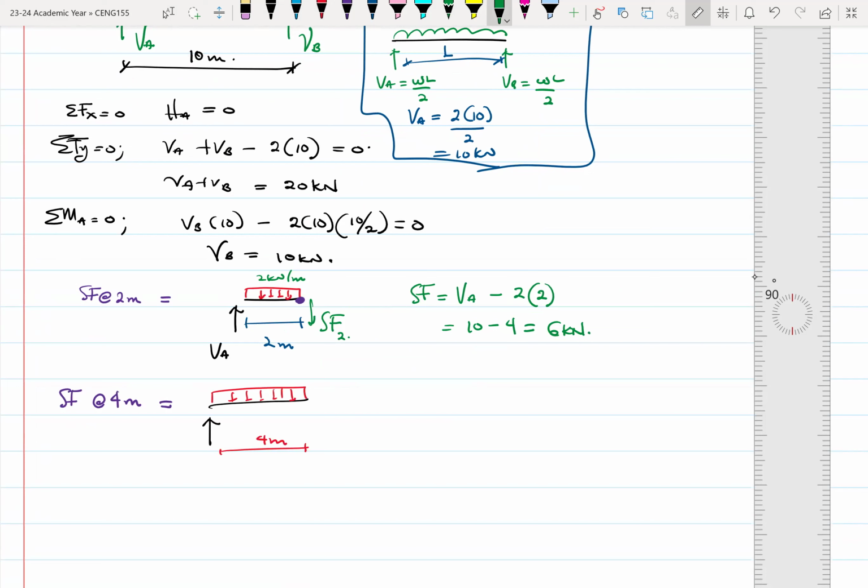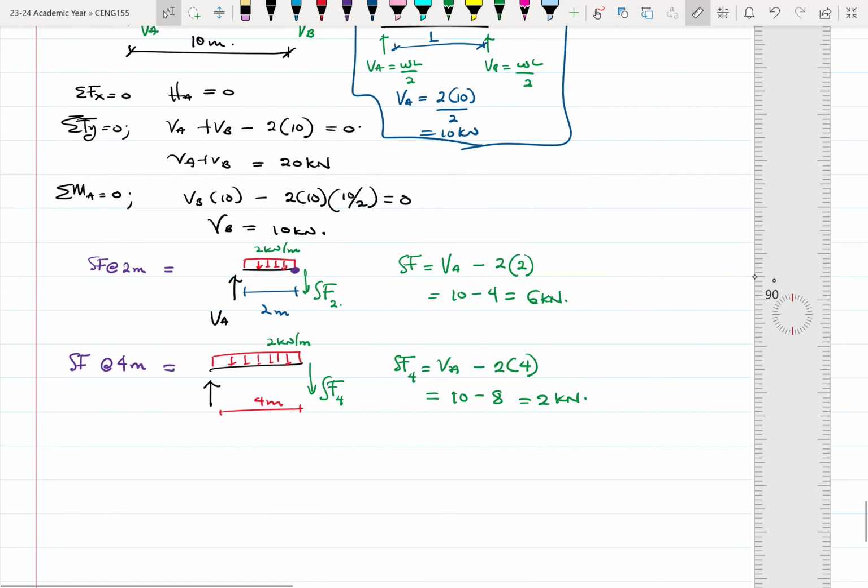We want to find the shear force at 4 meters. So the shear force at 4 meters again is VA minus 2, where 2 is the UDL intensity, times a distance of 4. So this will give us 10 minus 8, and this is 2 kilonewtons.